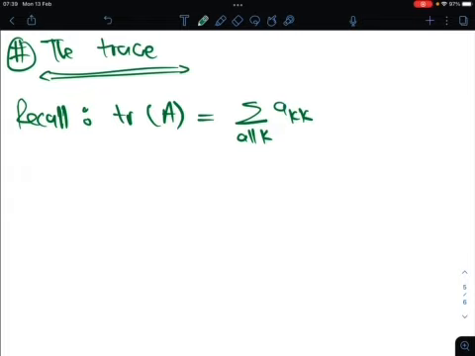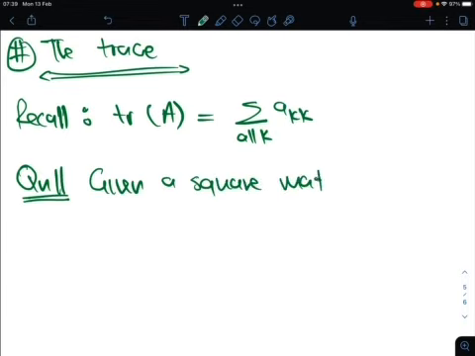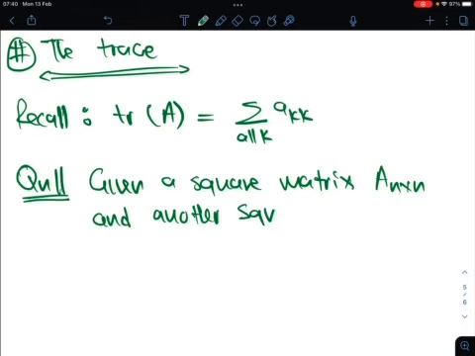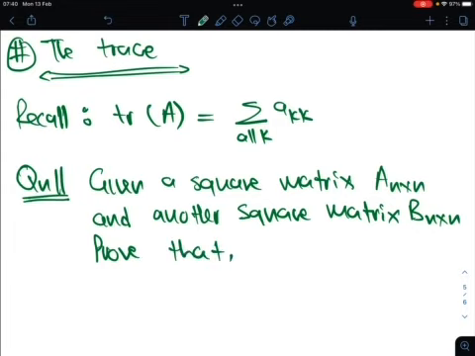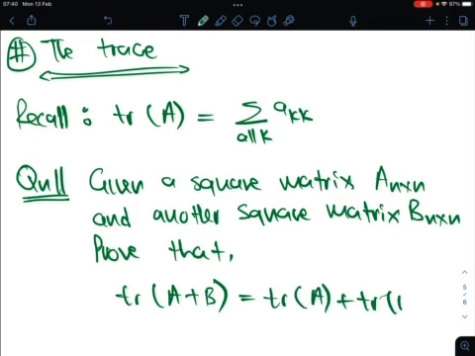Now, the question that we want to prove is as follows. Given a square matrix A, which is an n by n, and another square matrix B, which is also an n by n, prove that the trace of A plus B is the same as the trace of A plus the trace of B. So how can we prove this result?